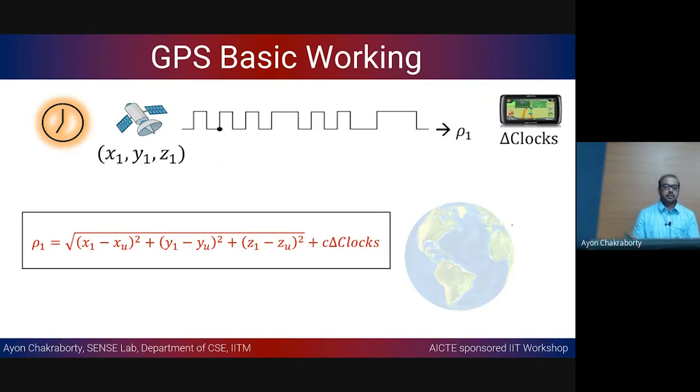Okay. So, what is rho 1? Rho 1 is the range from the device to the satellite, and let us say the satellite is located at x1, y1 and z1 in this coordinate space. Whatever the coordinate space may be, I am just expressing that in terms of a Euclidean coordinate system where x1, y1 and z1 is the location of the satellite in 3D space, and xu, yu and zu are the location of the unknown device.